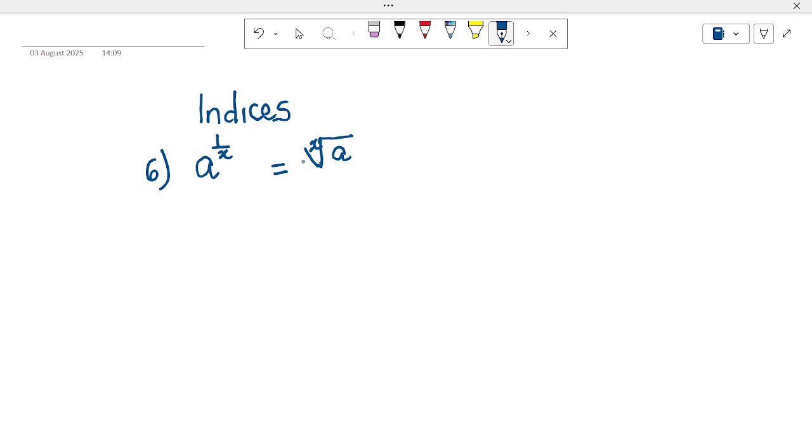Can we take examples? Yes. Take for instance 25 raised to power 1 all over 2.